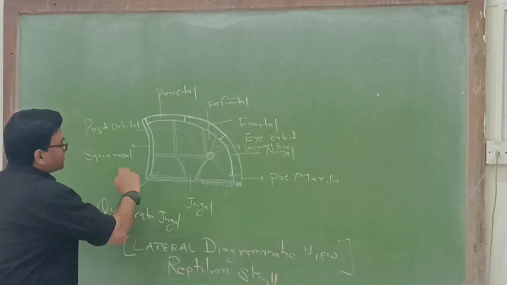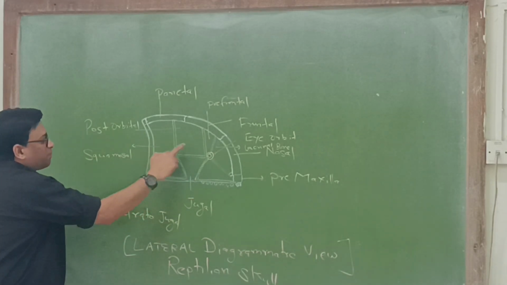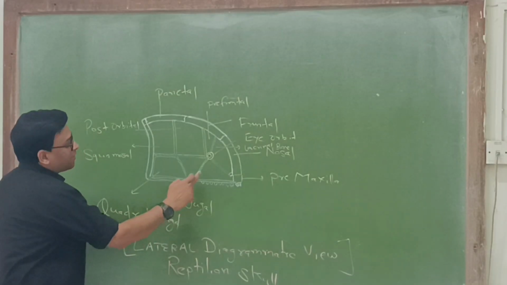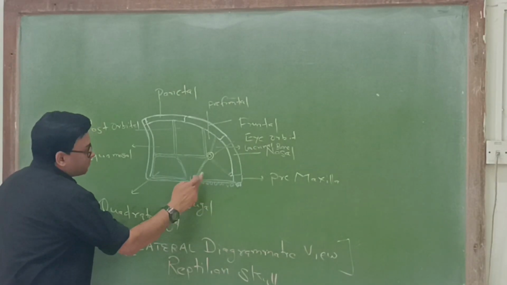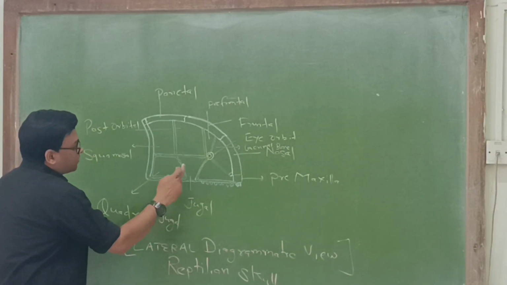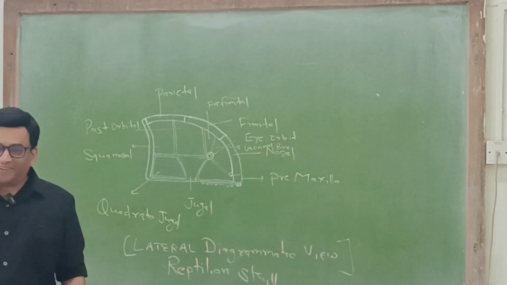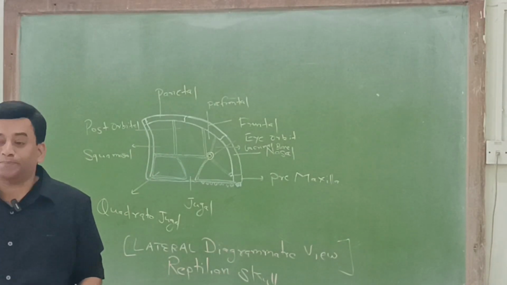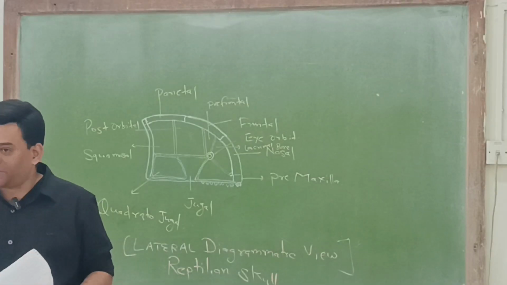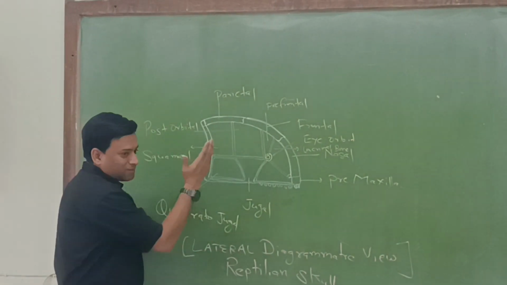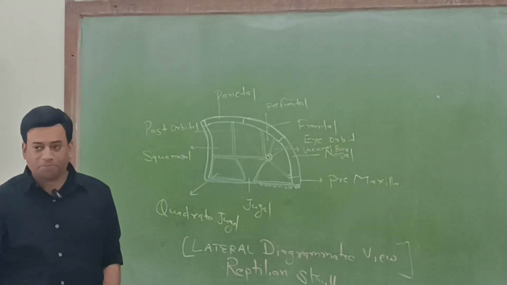At the posterior side, behind the eye orbit, there are the postorbital and the squamosal, and at the lower side, there are the premaxillae, maxillae, then another two bones, jugal and quadratojugal. So the entire story about the presence and absence of fossa or fenestra, we will project on this specific type of skull. Got my point?